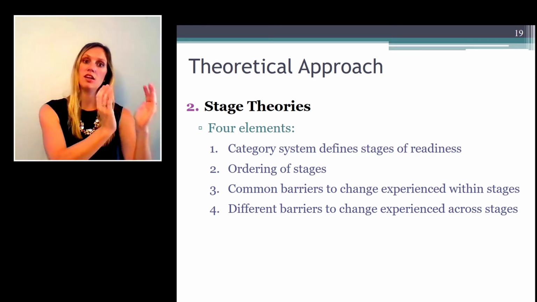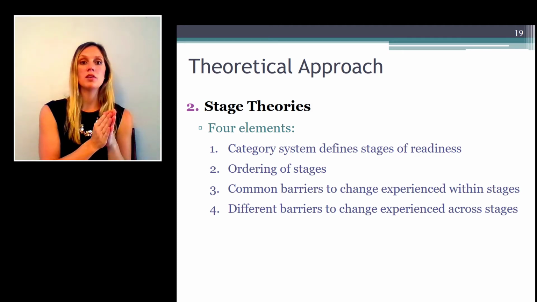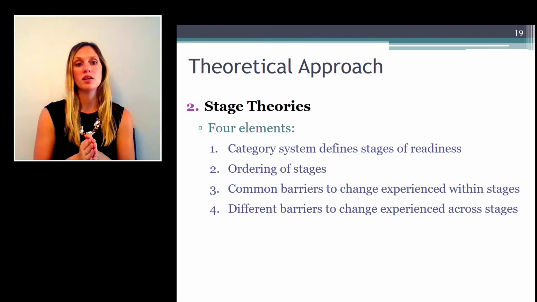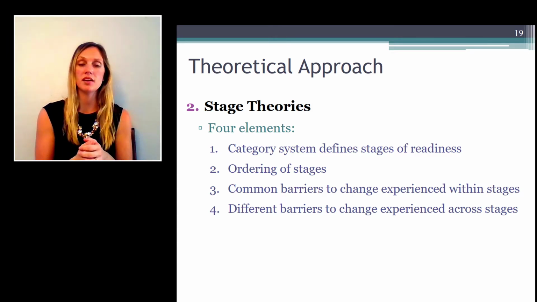Whereas if an individual is in this stage of change, these other components will help move along the continuum. And so the stage theories really recognize that different processes work at different times for people depending on how ready they are to make changes.